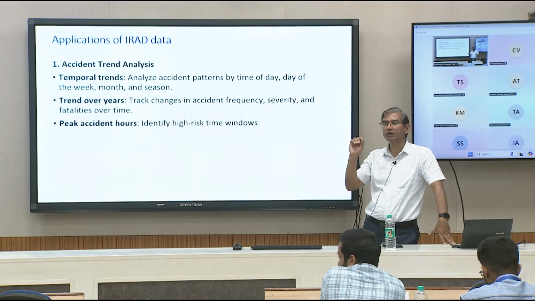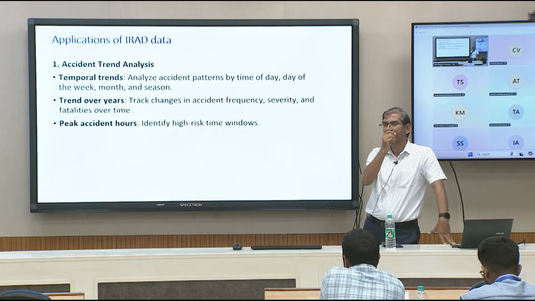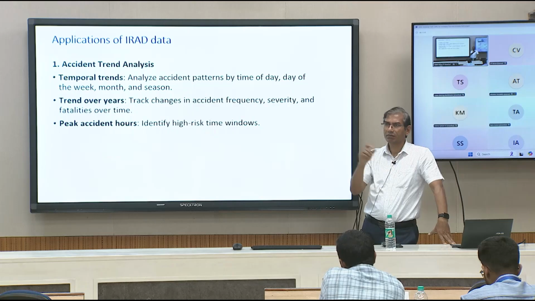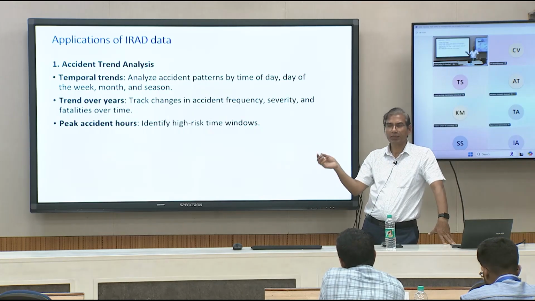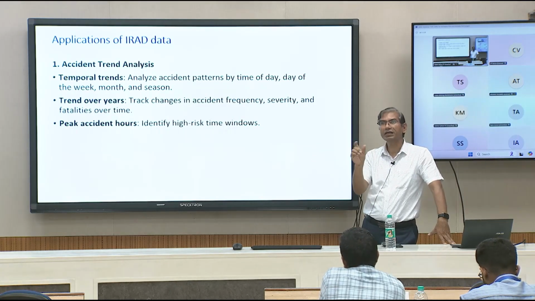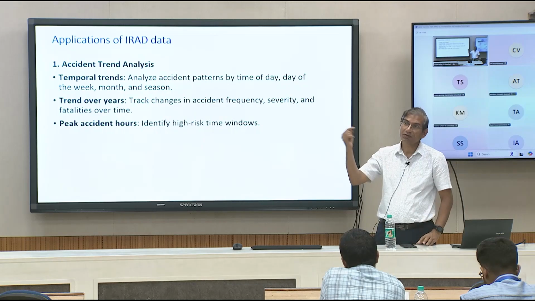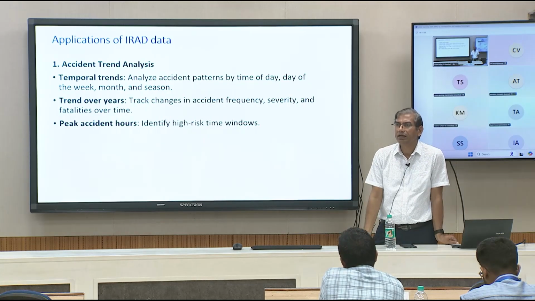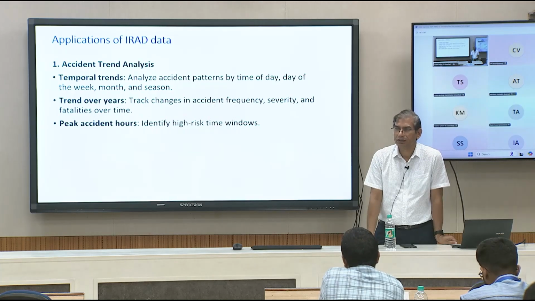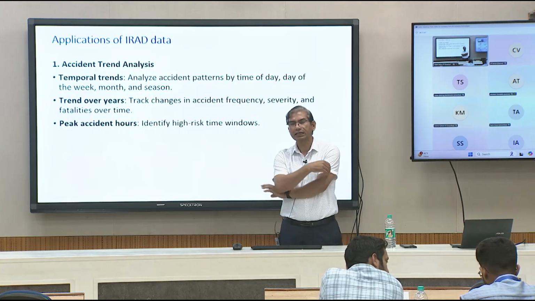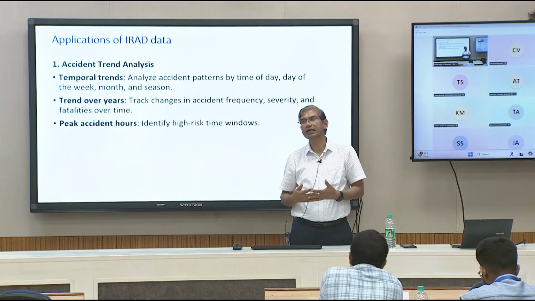You may not be able to change the FIR number or case number, because that is not under your purview, but you might be able to see whether the vehicle number registered is correct or not. He might also add additional photographs which he thinks are important from the traffic point of view. Once multiple people are involved, the cross-check is always done automatically.